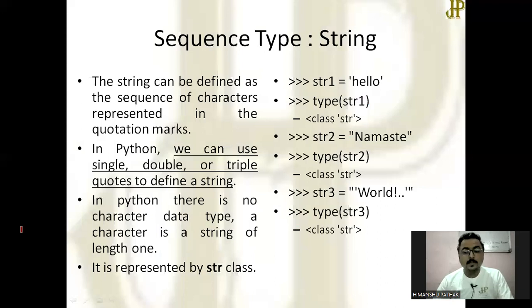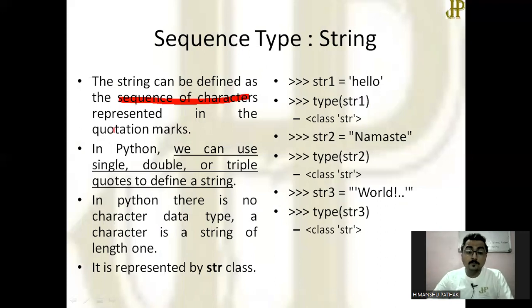And all these three will be discussed separately in upcoming videos. So here it is just the introduction about the data type string. The string can be defined as a sequence of characters represented in quotation marks.